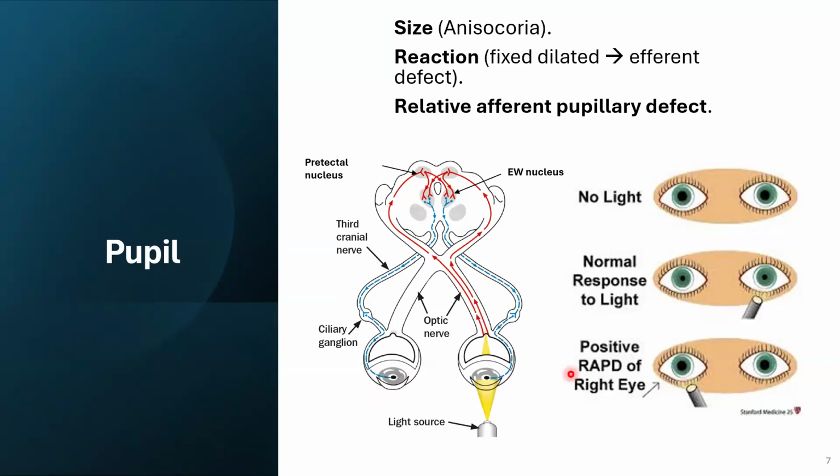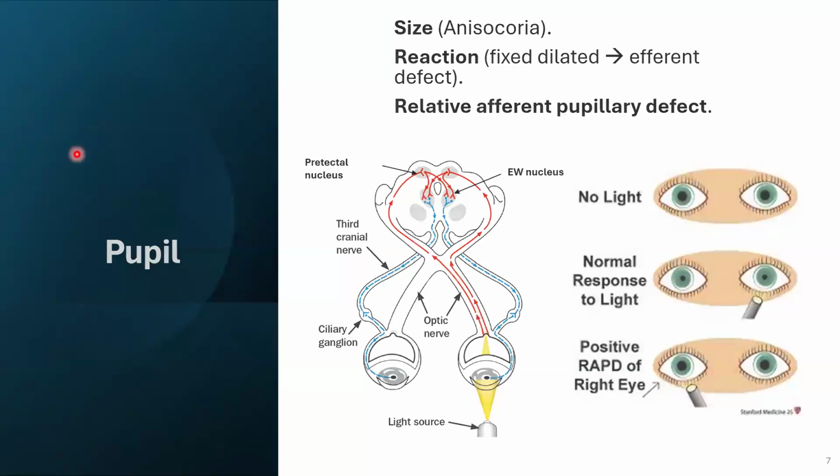If you want to test the afferent pathway or the optic nerve pathway, if you shine the light here, it will constrict. If you go this side, it will constrict. But if you do the swinging light reflex, if you move back to this eye, it will redilate. In this example, that's a normal pupil, no light. If you shine the light here, both pupils constrict. But if you move the light to the other eye, both will dilate because the afferent is not working.